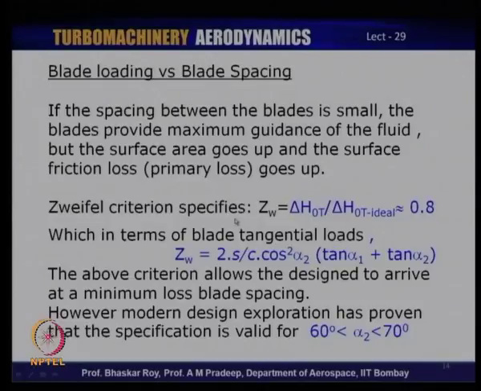As a result, the Zweifel criterion has been used in turbine design for many years, which in terms of blade tangential loading can be written in terms of ZW, the Zweifel parameter, as twice S by C, spacing by chord, into cos square alpha 2 into tan alpha 1 plus tan alpha 2. Now, this allows you to select the value of spacing. So, one can calculate the spacing from the Zweifel criterion and then decide the number of blades that you should have.